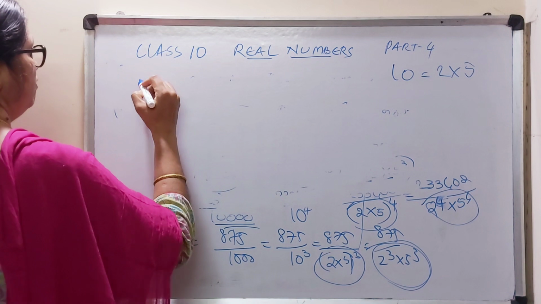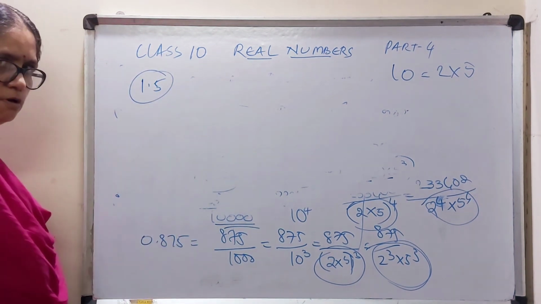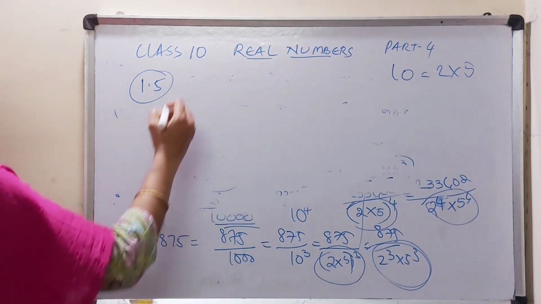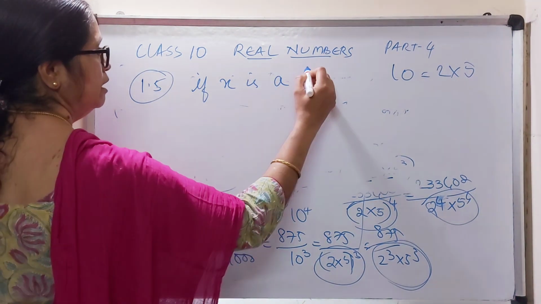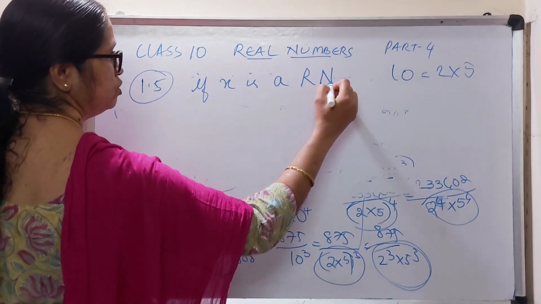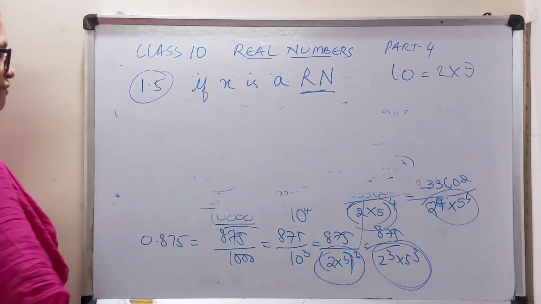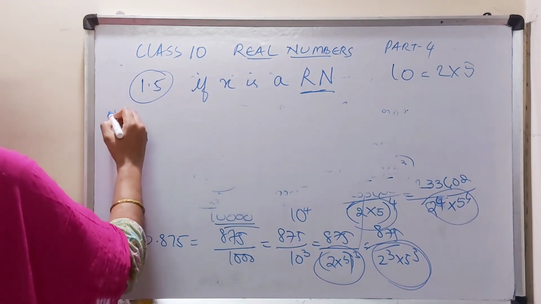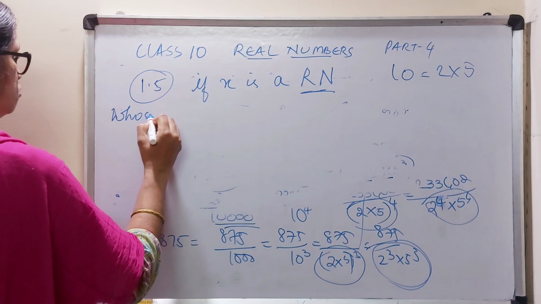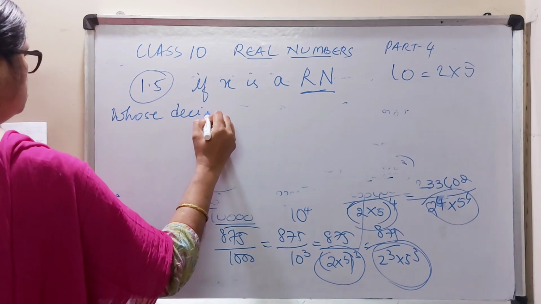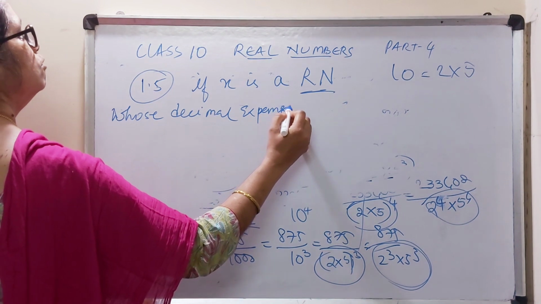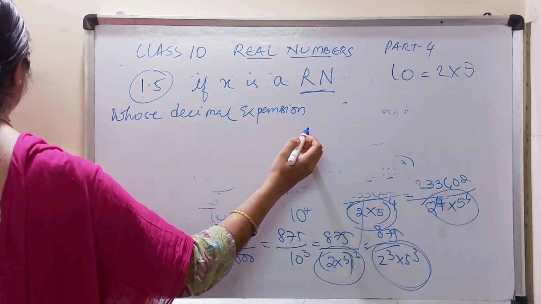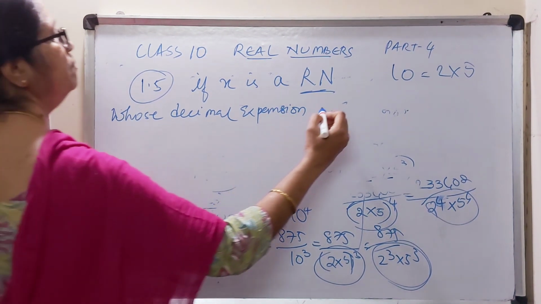In the textbook it says that if x is a rational number, I am using a short form for rational number, whose decimal expansion terminates.